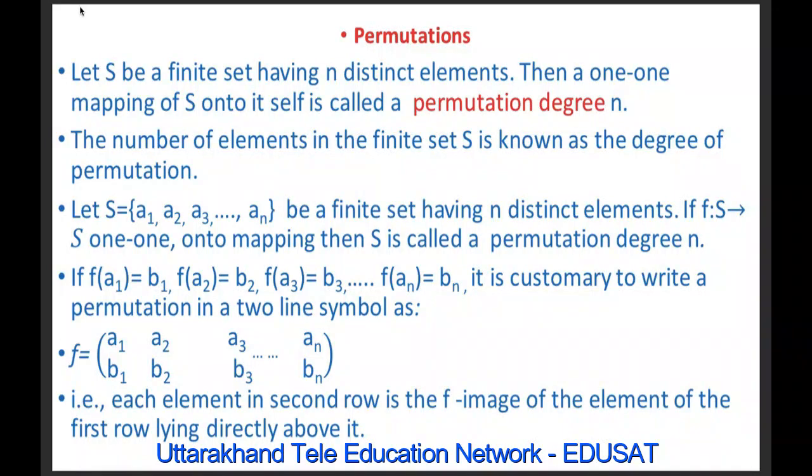If the image of A1 under F is B1, the image of A2 under F is B2, the image of A3 under F is B3, and the image of An under F is Bn, then it is customary to write a permutation in a two-line symbol as F equal to A1, A2, A3, ..., An in the first line and B1, B2, B3, ..., Bn in the second line. That is, each element in the second row is the F image of the element of the first row lying directly above it.